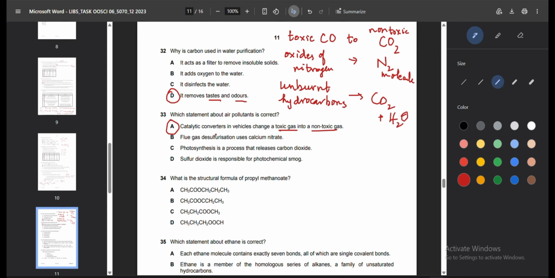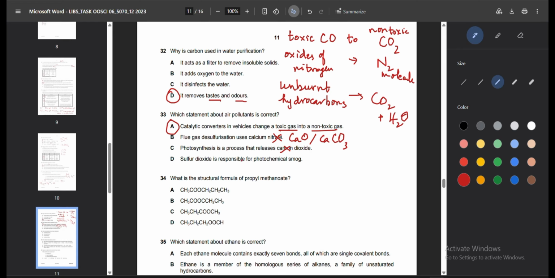Now next is that flue gas desulfurization uses calcium nitrate. No, calcium nitrate is not used. Either calcium oxide or calcium carbonate is used instead. Photosynthesis is a process that releases carbon dioxide gas. No. Photosynthesis is a process in which plants take in carbon dioxide and they release oxygen, not carbon dioxide.